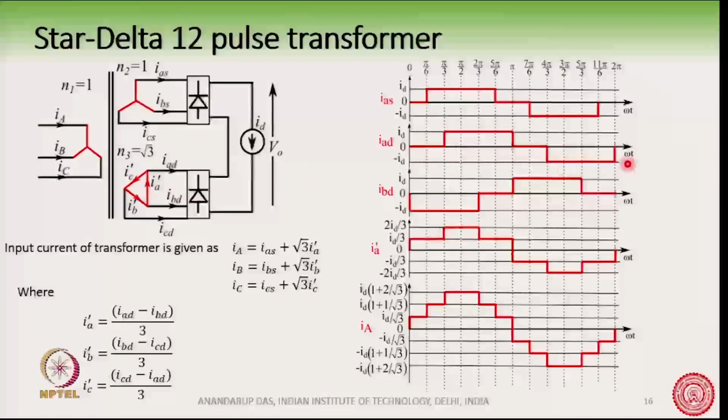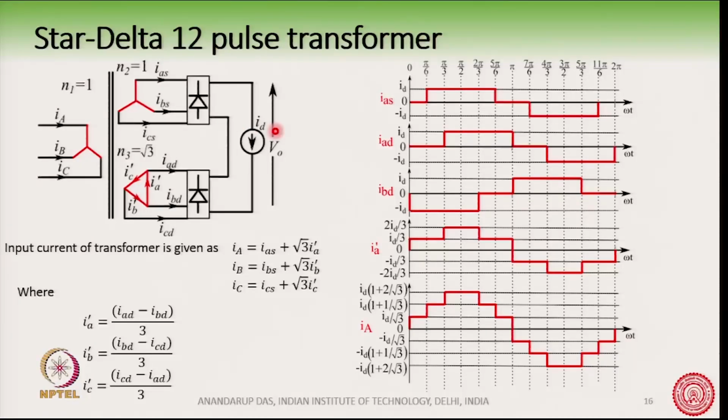IAD is also like this, but IAD is phase shifted by 30 degree. Why? Because the line voltage of the delta is the same as the phase voltage, there is no phase shift, whereas the line voltage in a star connection is 30 degree leading to the phase voltage.